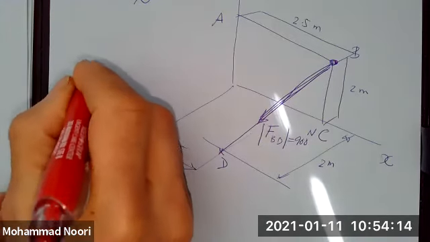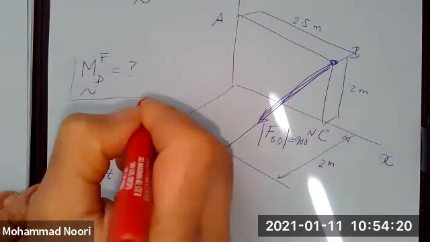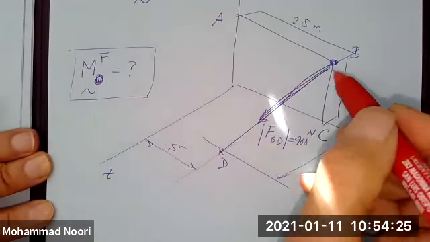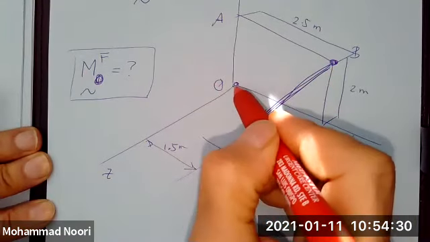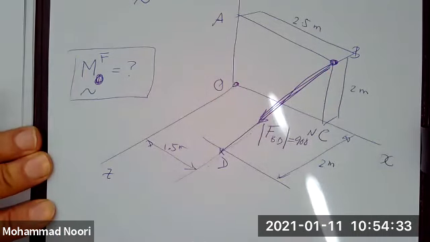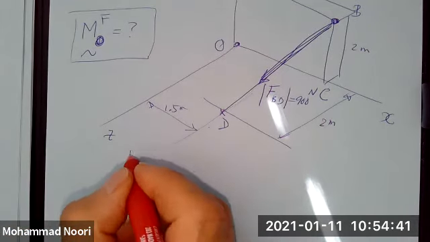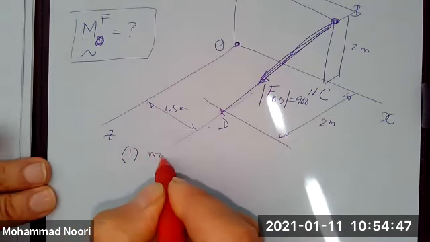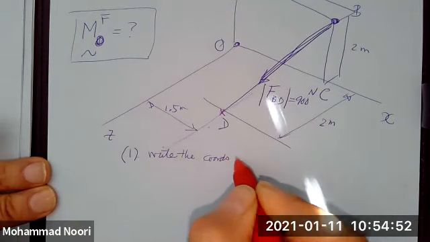We want to find the moment of this force about point O. Or in other words, we want to find the rotational effect that this force causes about point O. Any questions? All right, so let's go step by step. In all 3D problems, I always strongly recommend that as step one, you just write down the coordinates of all points that you have.